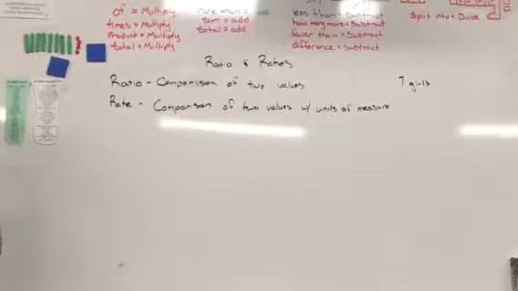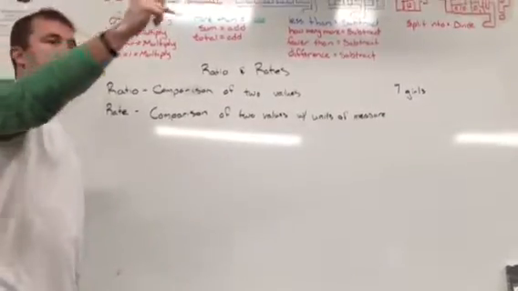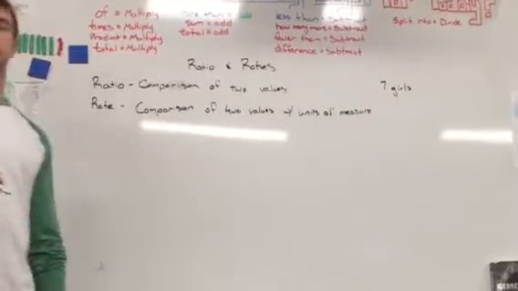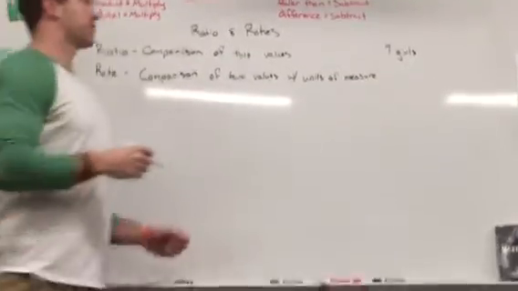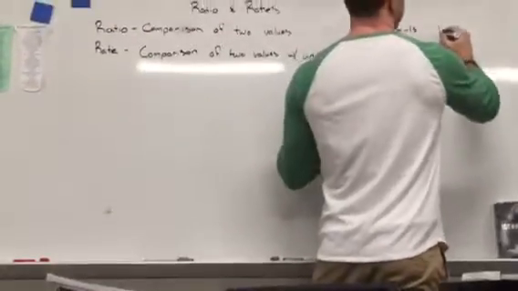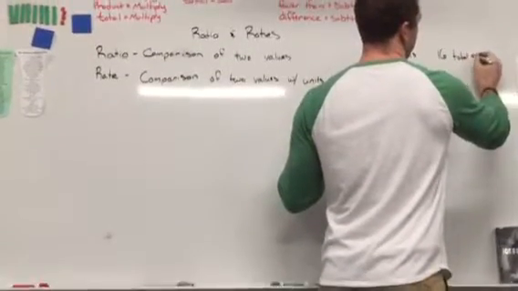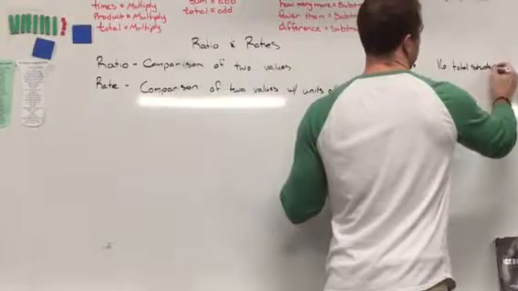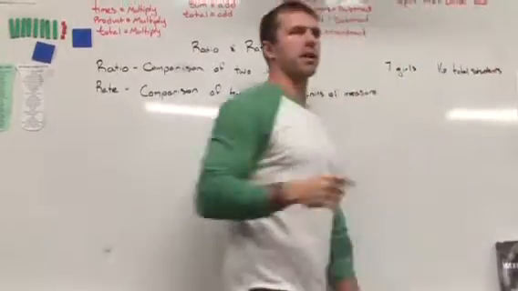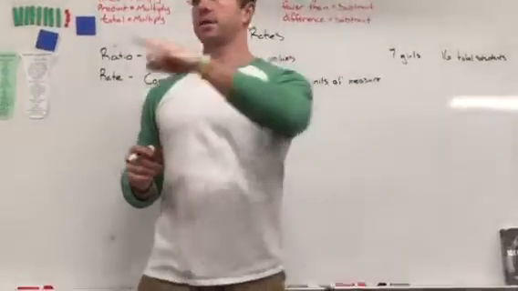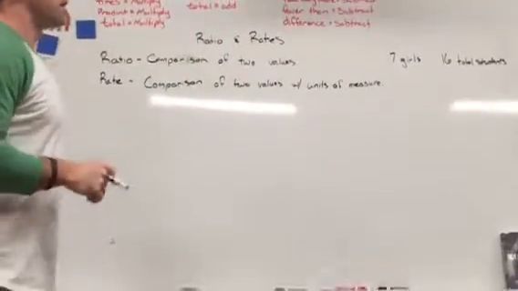Well, we have 7 girls, so 1, 2, 3, 4, 5, 6, 7, 8, 9 plus 7. 16. So we have 16 total students. Whoa! There's 8 boys. I counted 9. Plus Anderson, Elliott, and Dylan.